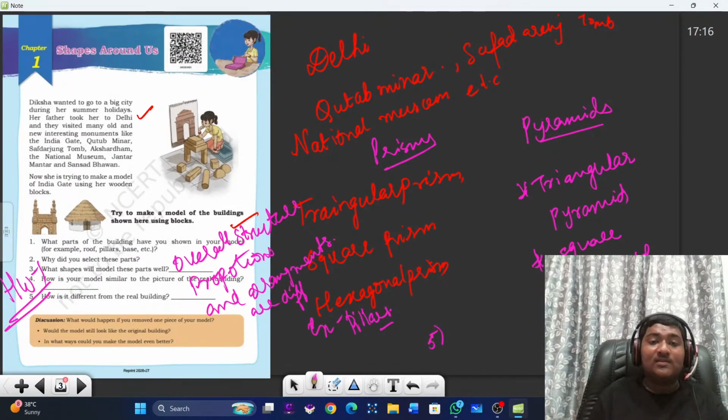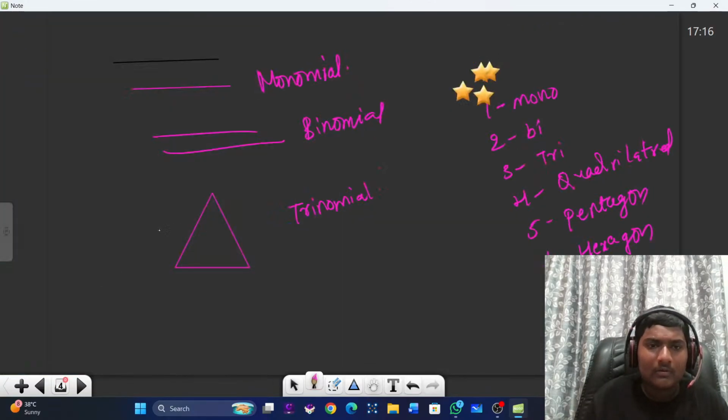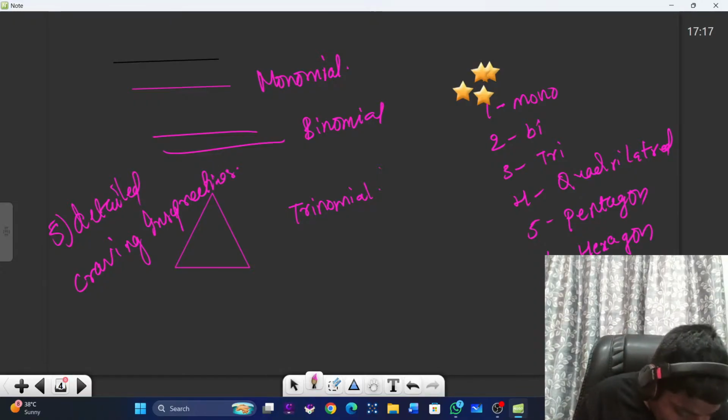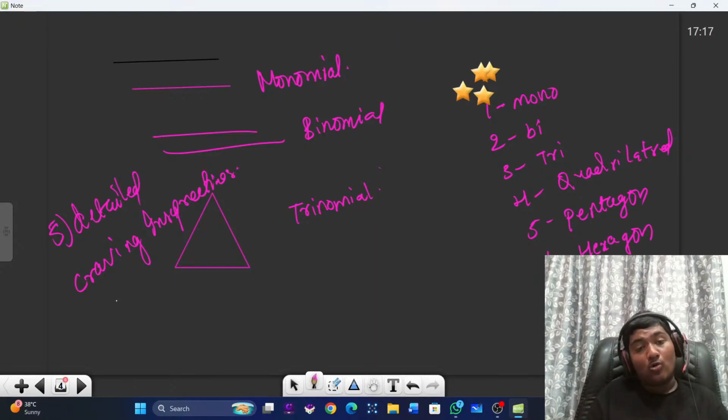Detailed carving instructions. Let me go to another slide. Detailed carving instructions, as well as some geometric shapes rather than rocks.